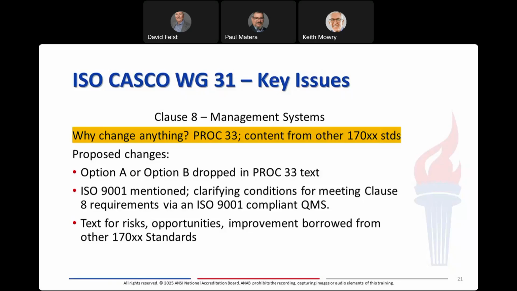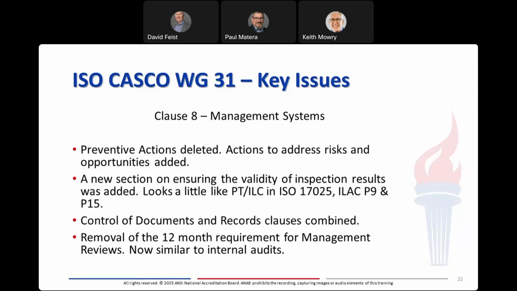Text for risks and opportunities improvement was borrowed from other 17,000 series standards. So for those of you with multiple standards, you're going to see some similarity there. Preventative actions was deleted. Actions to address risks and opportunities was added. So preventative actions sort of equates to actions to address risks and opportunities.